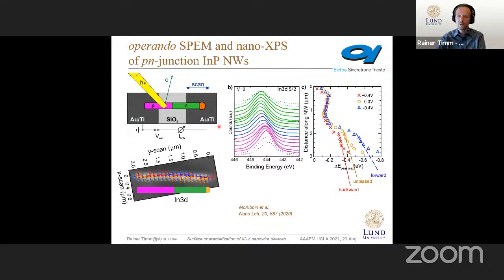And then, as I said, we can apply a bias between both ends. That's what you can see here: we get either a larger potential change under forward bias conditions, or a smaller potential transition under backward bias. So you can do this while we are biasing our nanowire.